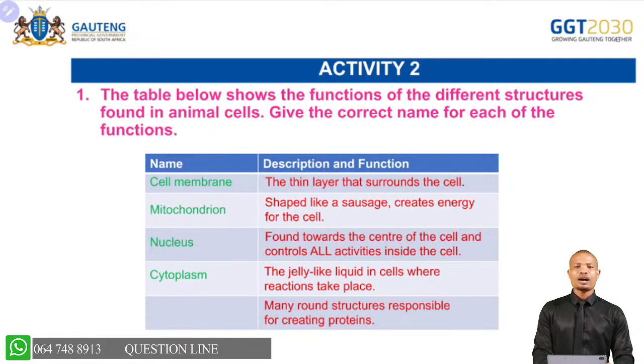This one, I will forgive you if you don't get it right because we didn't even cover it and it's not even part of your syllabus. But for interest's sake, this is your ribosomes, okay? But don't worry about it. If you don't know what it is, you don't need to know about it for now. But the higher you go with your education, it will become more relevant.